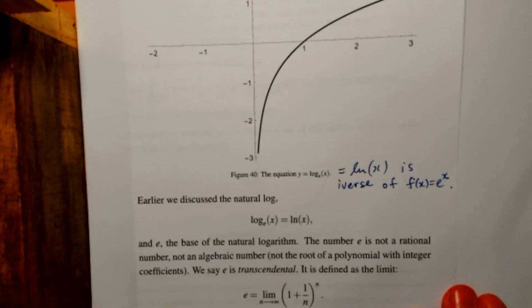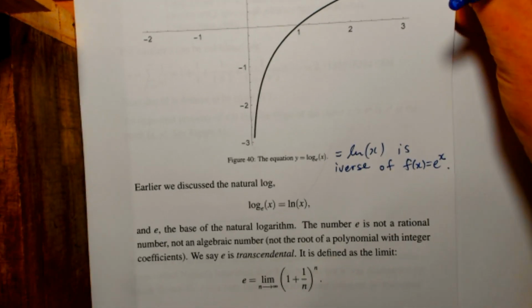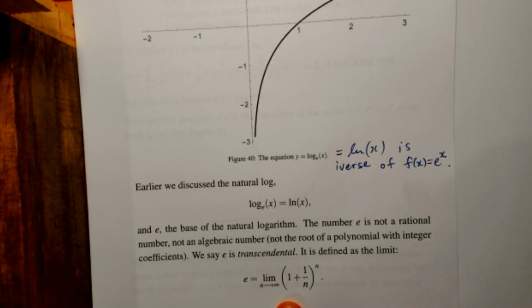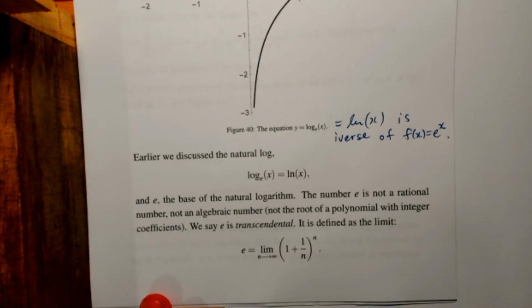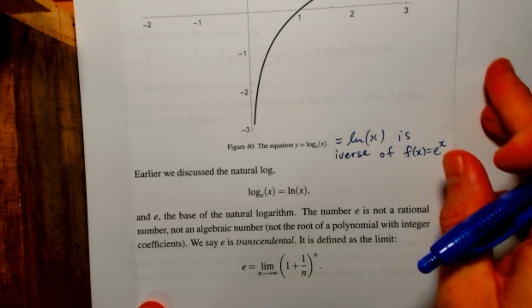Okay, so here we have the definition of e, and it's a fairly important number in mathematics. So here's its definition. So if you have a sequence starting with 1 plus 1 over 1 all to the power of 1, so in other words you get 2, okay, that would be the first term. And then your next term of the sequence is 1 plus 1 over 2 all to the power of 2.